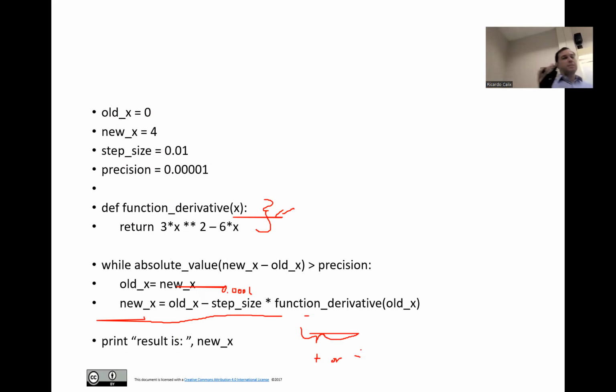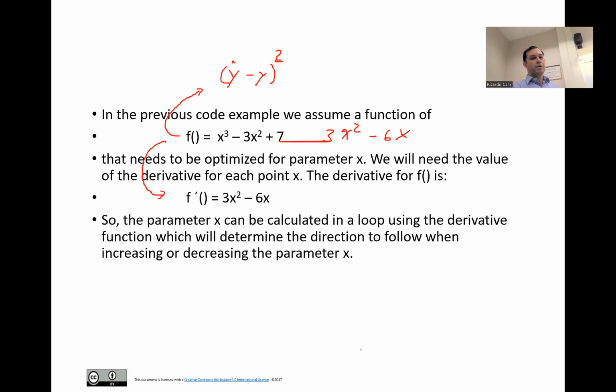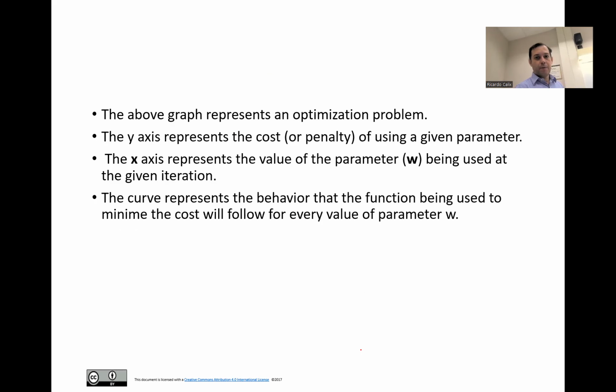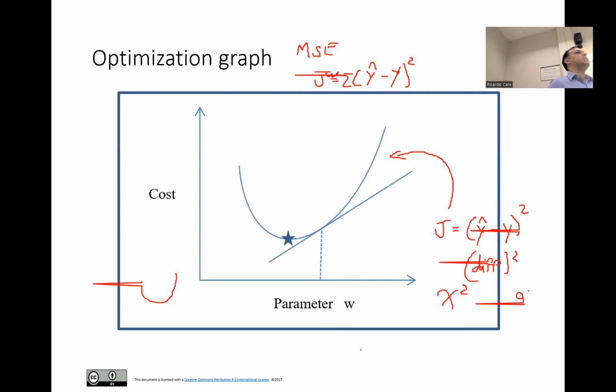Okay, so this is the main concept of taking the derivative. So the parameter x can be calculated in a loop using the derivative function, which will determine the direction to follow when increasing or decreasing the parameter x. Okay, so that's going down the curve or going up the curve because it can only do that in the space that we created in the previous graph here. Do you see that?